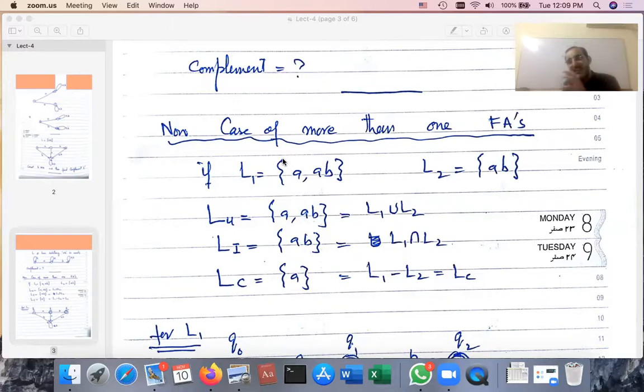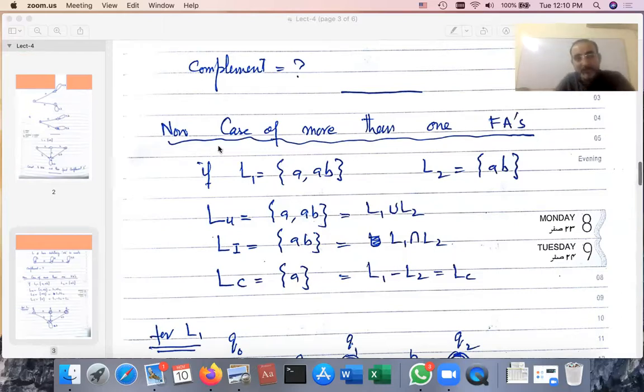Complement is something which can be applied on a single FA or more than one FA. But there is some procedure, and after that you can apply this complement operation in case of more than one FA. And we will see that procedure here.